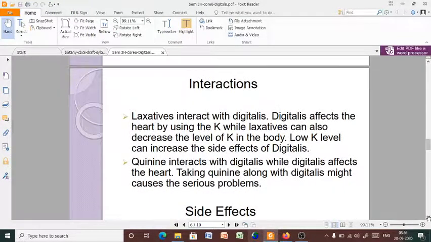But we have to take some precautions because there are some interactions with other medicines or compounds like laxatives, quinine, etc. Laxatives interact with digitalis in one way.